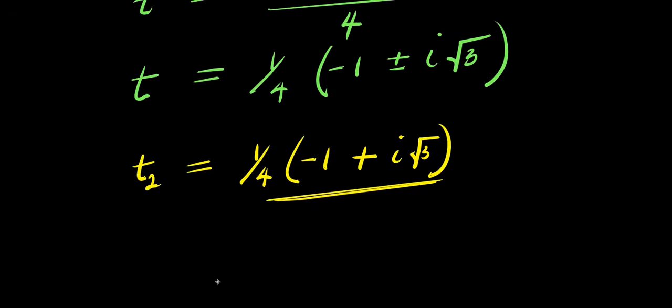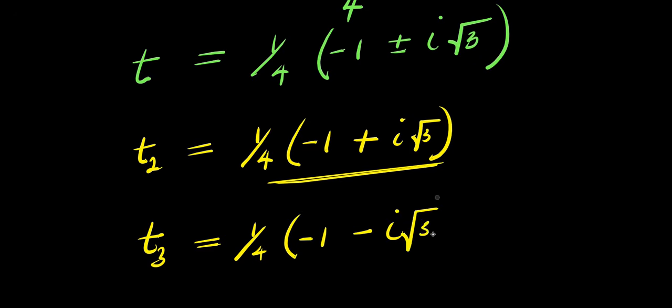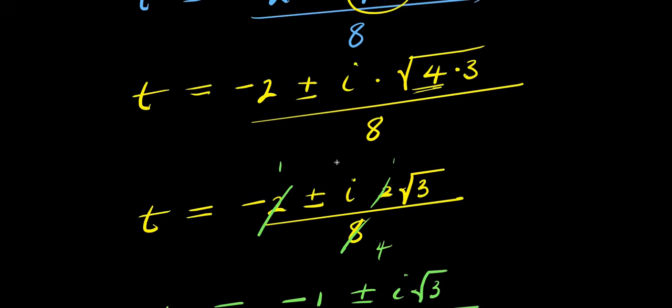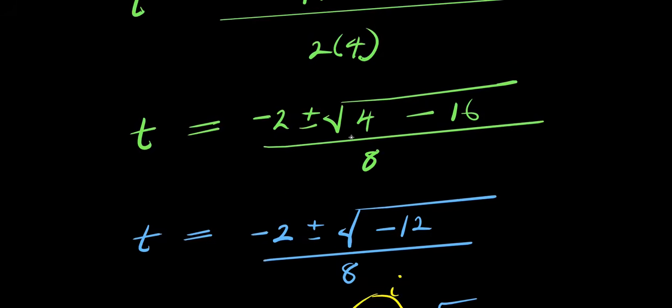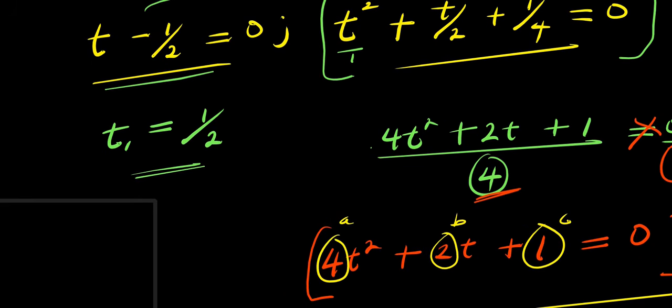I also have t3 equals 1 over 4 times negative 1 minus i root 3. So these are the two complex solutions. And we also have a real solution here, which is t1.